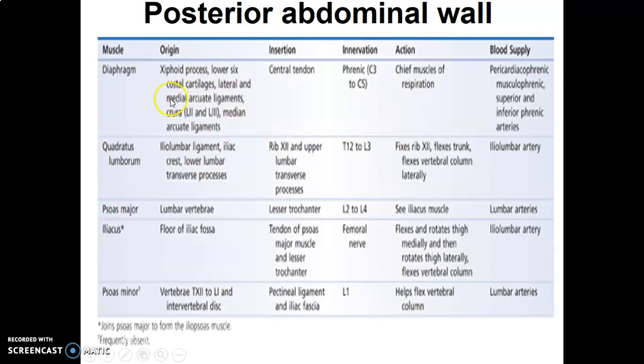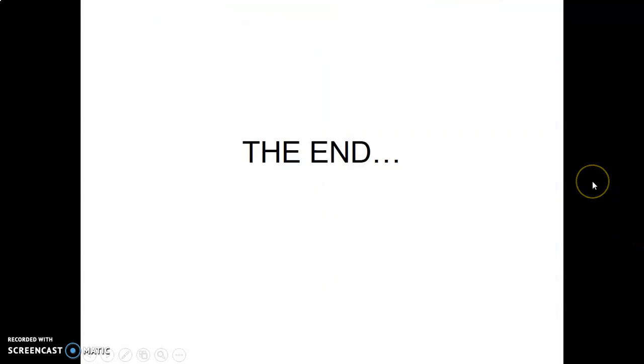There's a whole lecture video on the diaphragm, so you look for it and get all the details about the diaphragm. Then these are the muscles on the posterior abdominal wall, which you need to understand their actions, innervations, origins, and insertions.